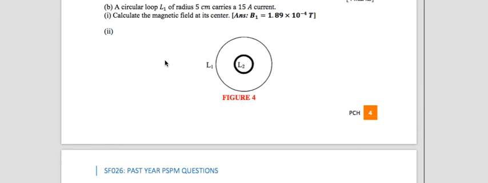Next question is number B. A circular loop L1 of radius 5 cm carries 15 ampere current. Number 1, calculate the magnetic field at the center.